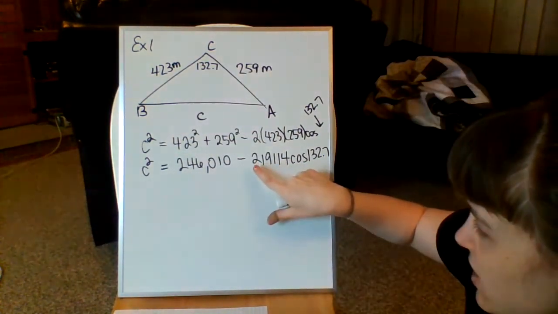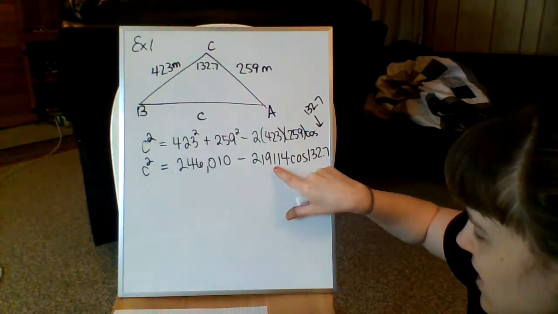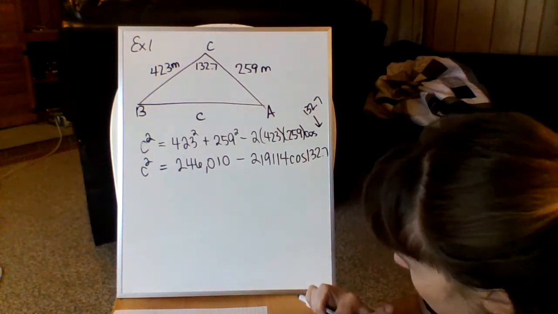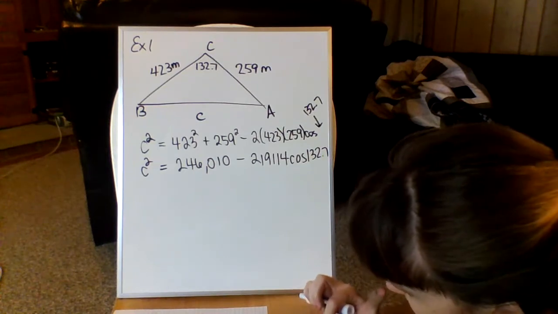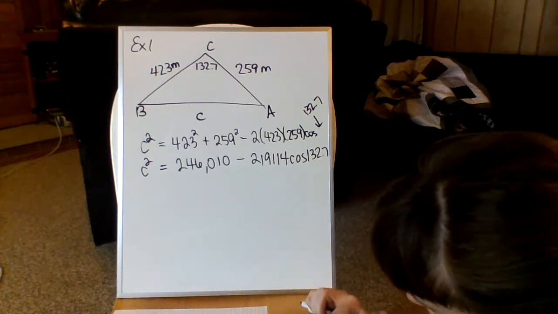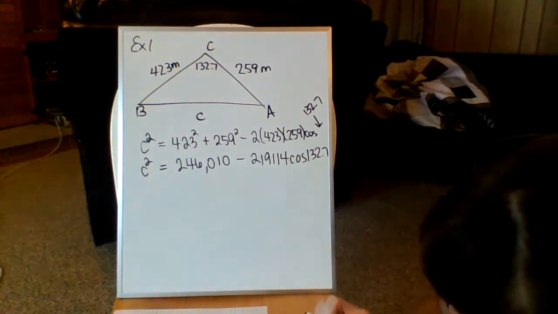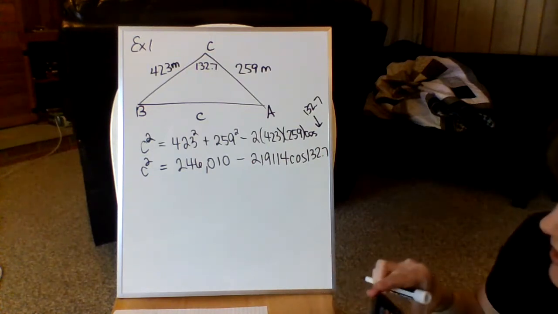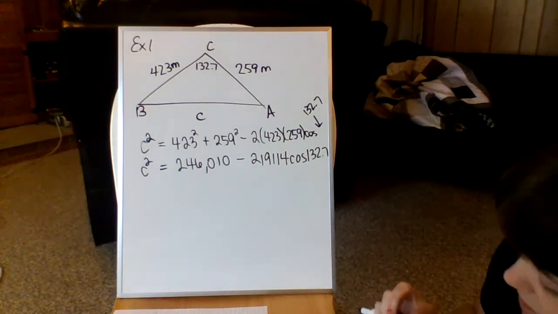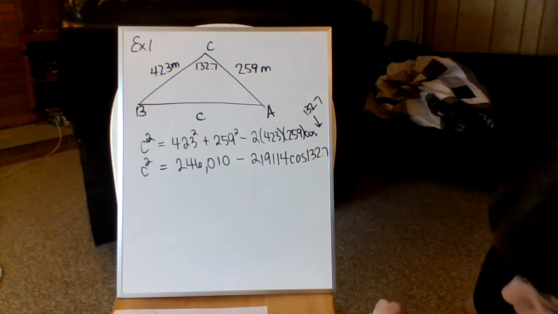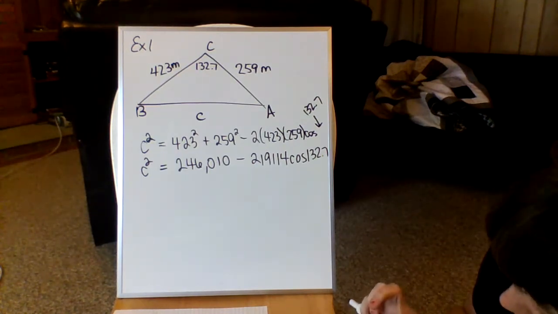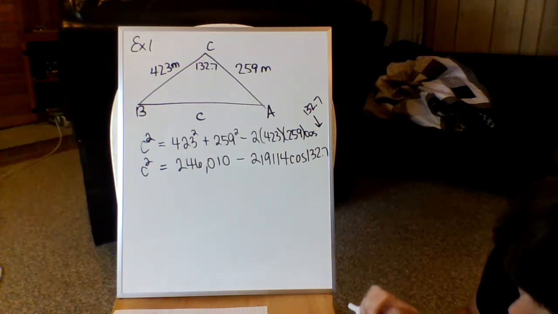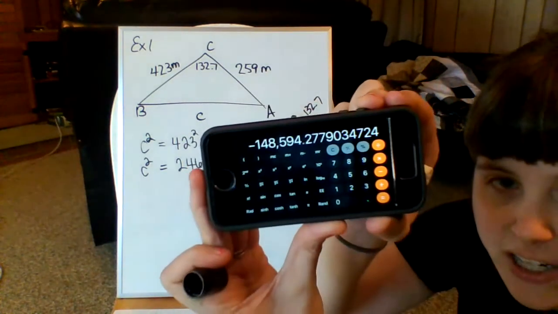We're going to take our 219,114, so we're going to type that number in, 219,114 times 132.7 cosine, and then press equals. Okay, so let me do that again. 219,114 times 132.7 cosine equals.